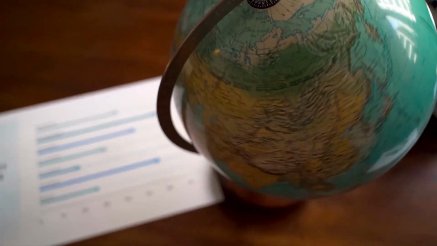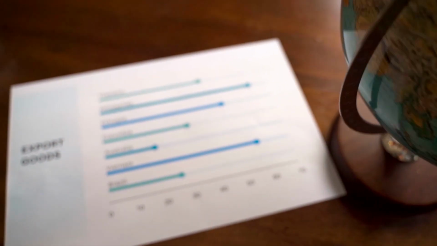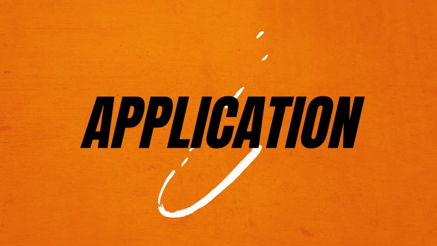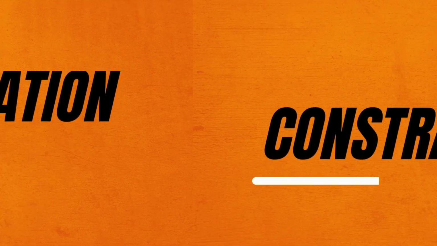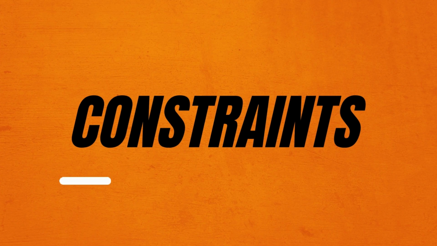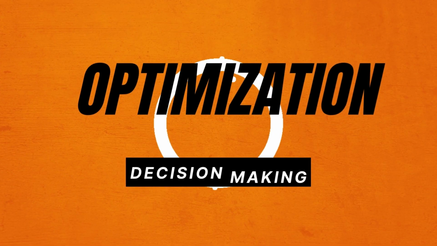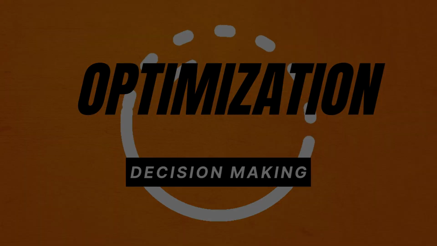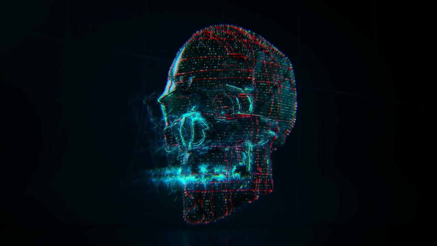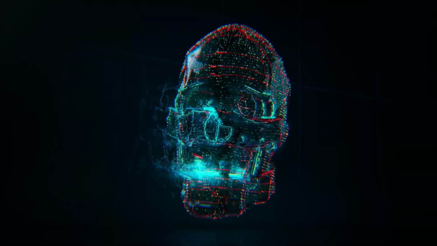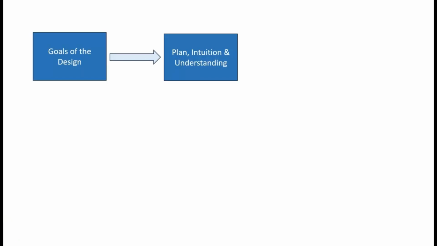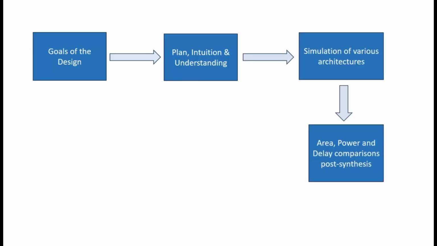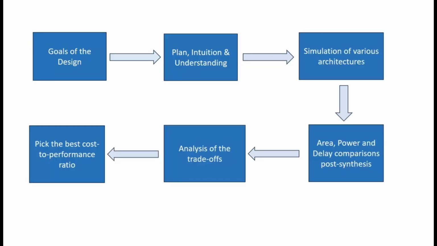At the end, everything comes down to market export and development of humankind. Based on the application you are designing and the constraints you have, you are supposed to decide. The question of how to decide requires a lot of intuition, planning and understanding of the design and the trade-offs. A designer needs to define the goals of the design, measure area, power and delay post-synthesis, simulate various architectures, analyze the trade-off and pick what gives the best cost-to-performance ratio.